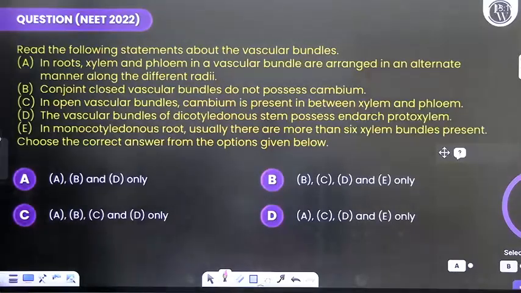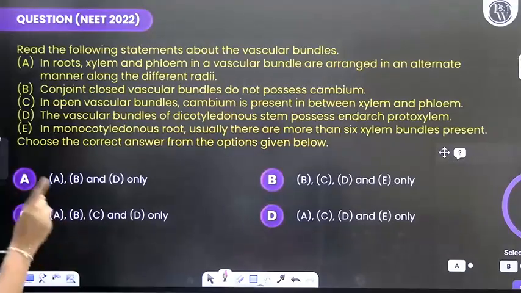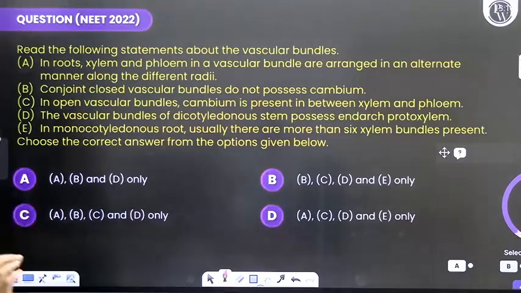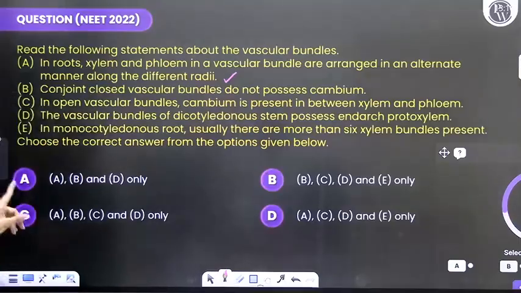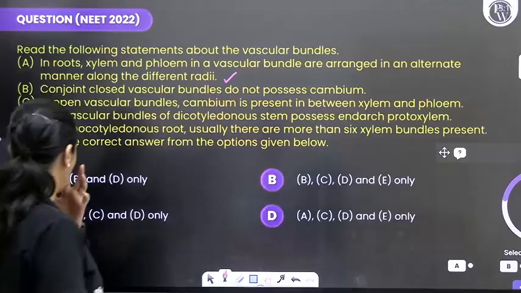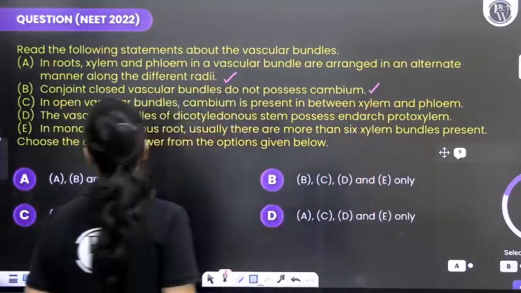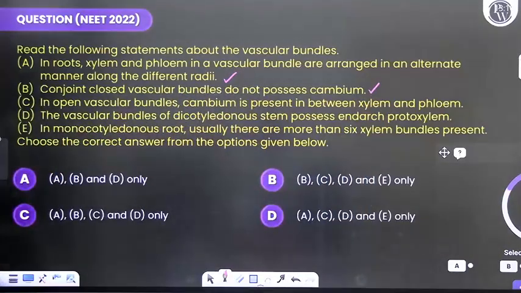In roots, xylem and phloem in a vascular bundle are arranged in an alternate manner along the different radii. Is it true? Yes, this is a correct statement. Conjoint closed vascular bundles do not possess cambium. Yes, that is also correct. In open vascular bundles, cambium is present between xylem and phloem.